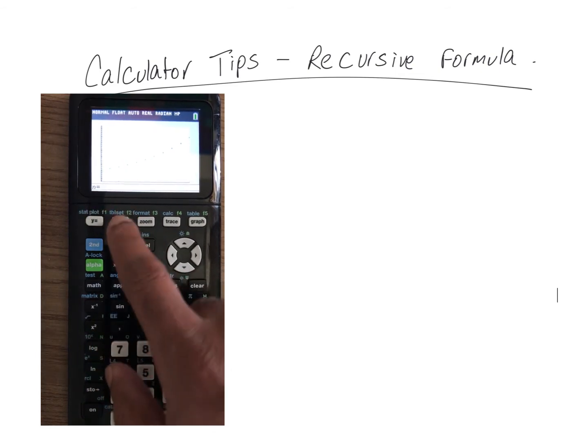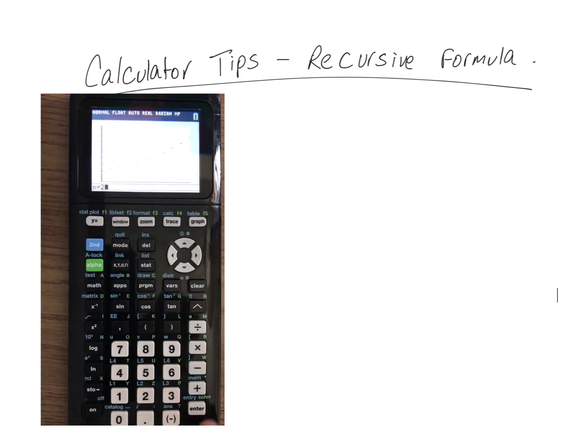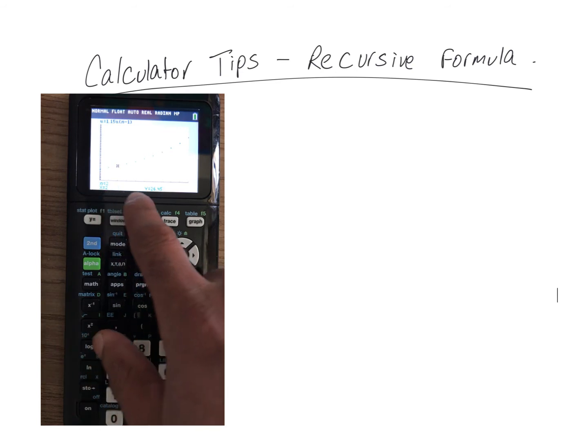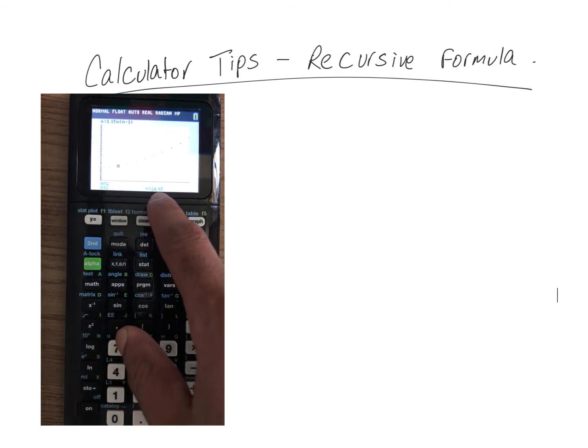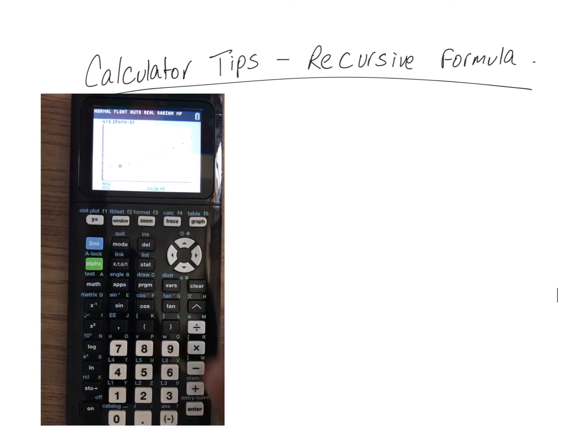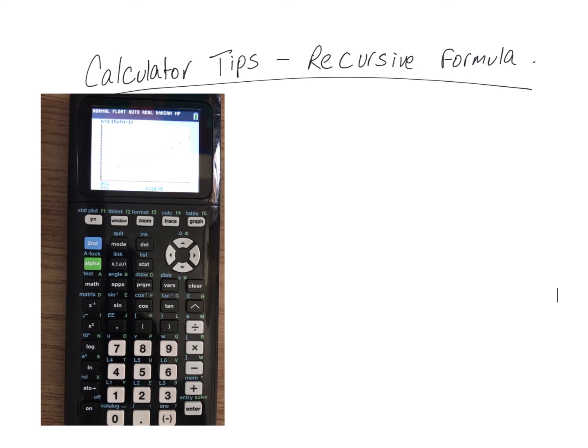If I need u2, I'll put 2 and hit enter, and it gives me a value. X is 2, n is 2, and y is 26.45. So if you were to solve using this recursive formula, you'll get these solutions.